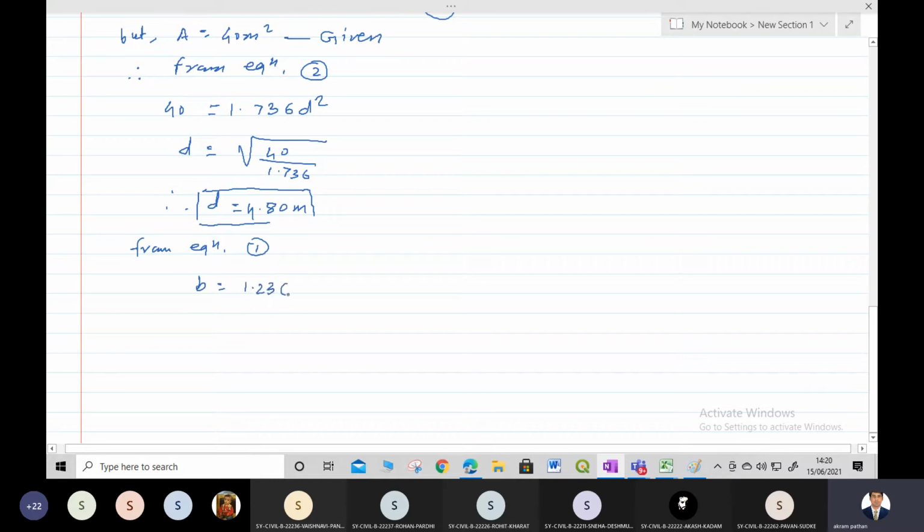So 1.236 of d, this is equation 1. So 1.236 into 4.8. Calculate the bottom width for the trapezoidal channel. 5.933 meter. So b is equal to 5.933.